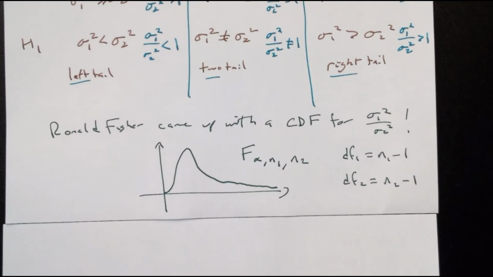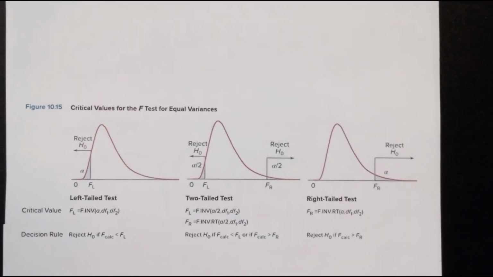And what do we know about the critical values? The areas outside them should be alpha. And if I'm doing a two-tail test, I'll need one on each side. And then the areas should be half of that. So here is what I get.